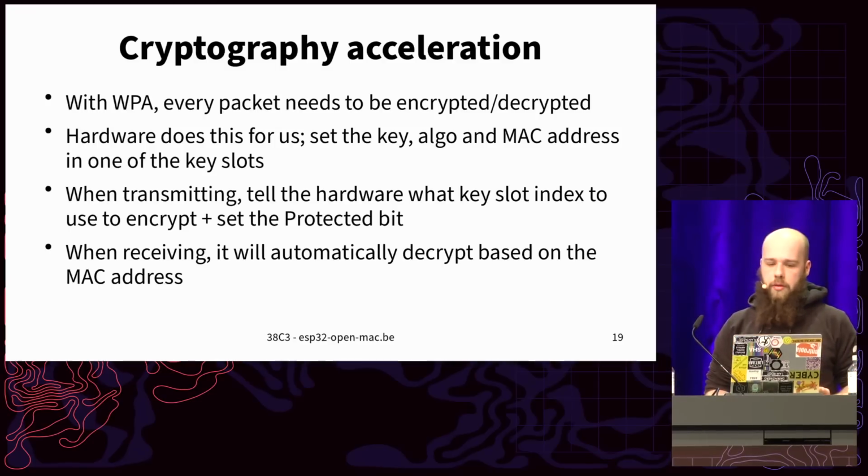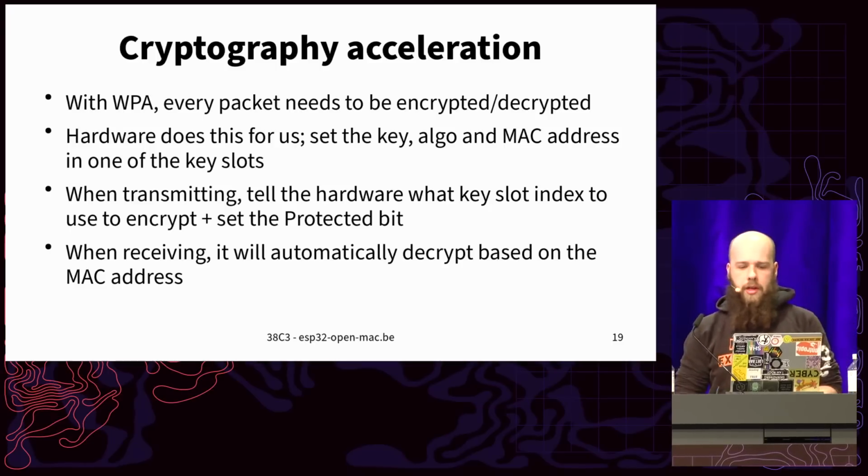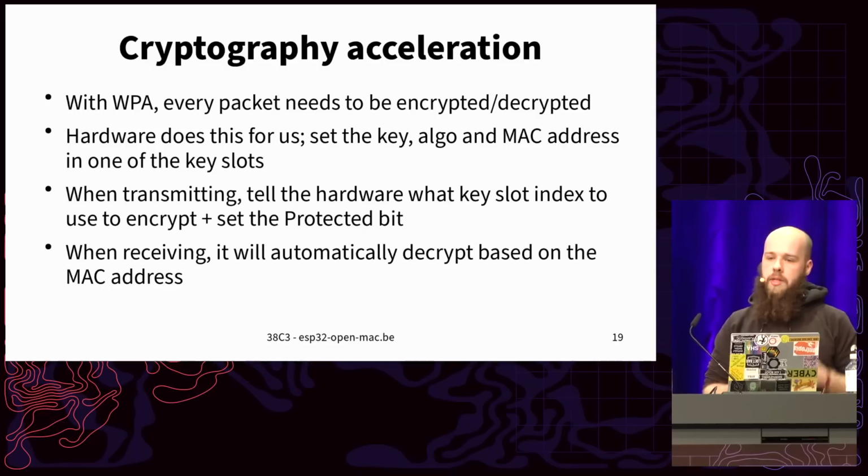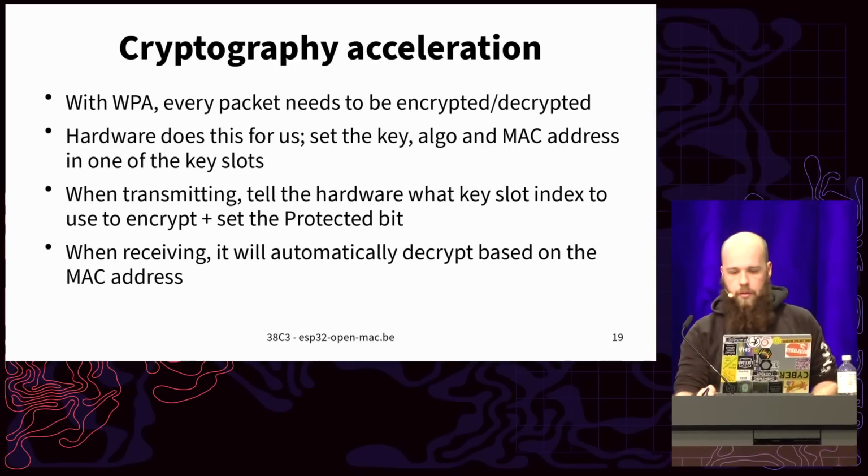And then when transmitting, you can just tell the hardware, okay, use this key slot, and it will encrypt the packet for you before sending it. And this is nice, because then we don't have to implement this part of the cryptography stack. And then when receiving, it will look for a key slot that matches the MAC address, and it will then automatically decrypt the content of the packet before you receive it in user space.